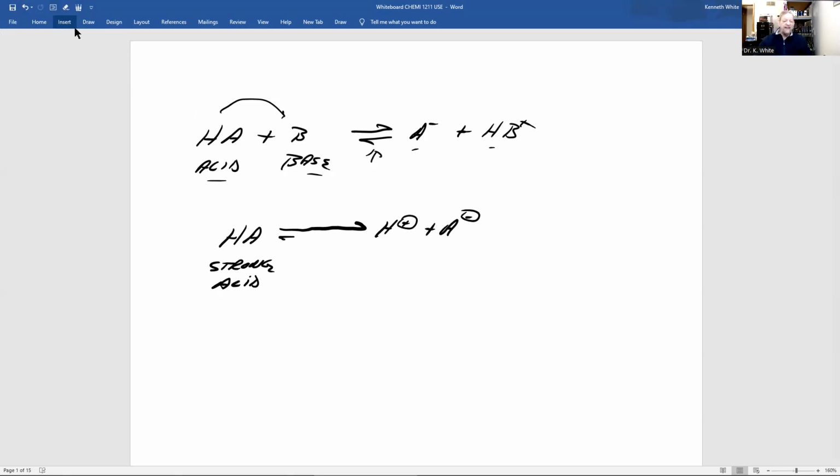Now, if it's a weak acid, by the way, switches click off for this, but it's something you should know about. Very little goes to the right, and most of it stays as HA.